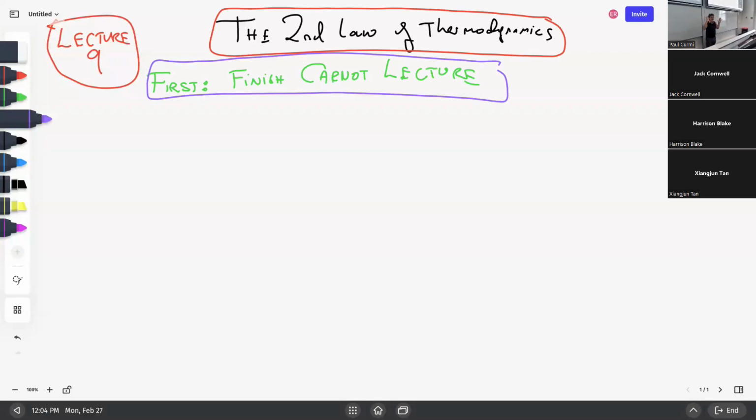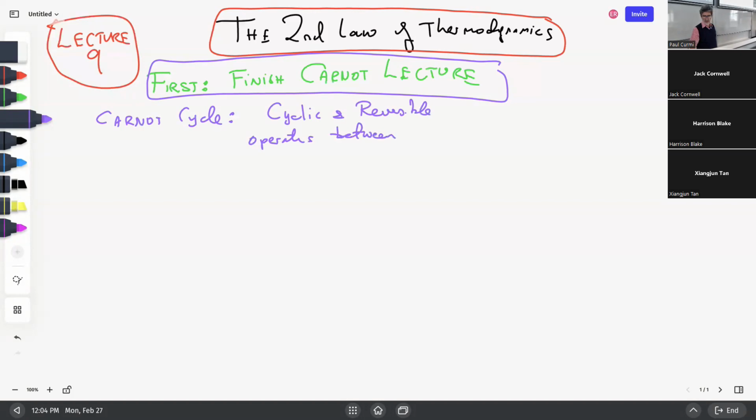Okay. So last lecture, we got this thing called the Carnot cycle. And what we got out of this was that it's cyclic, reversible, and it operates between two heat baths or reservoirs, one at T hot and one at T cold.